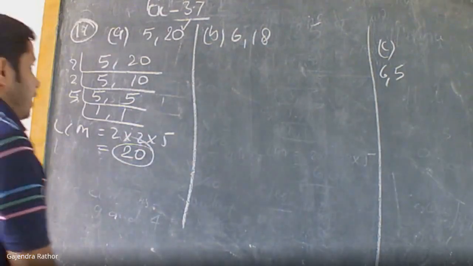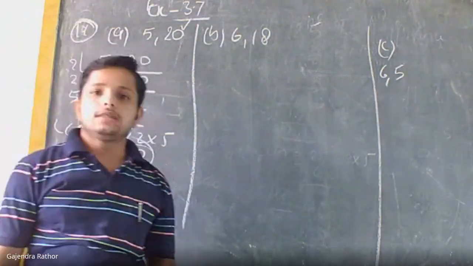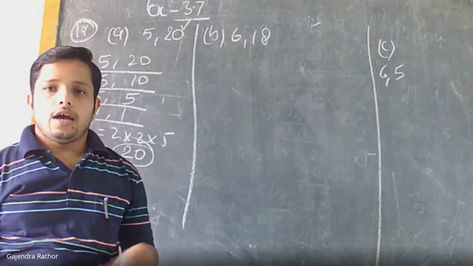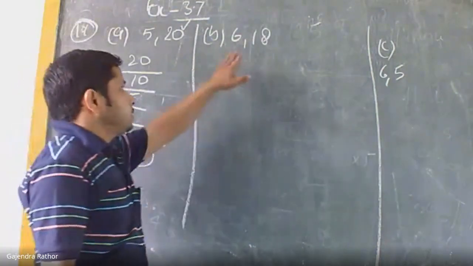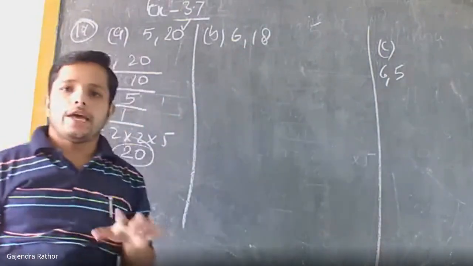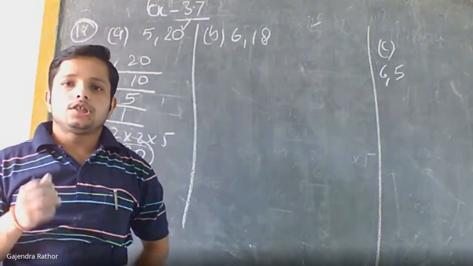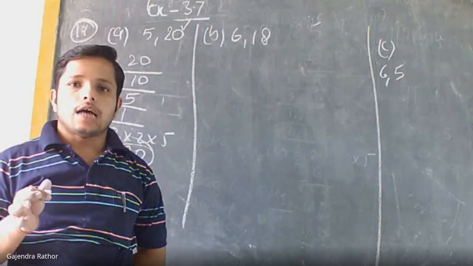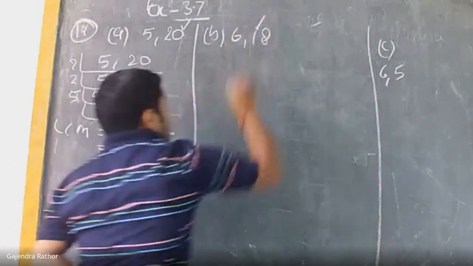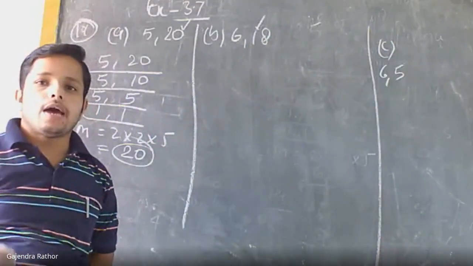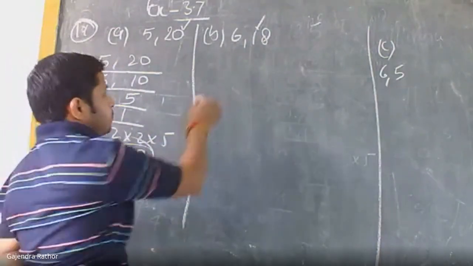Yes, 18. Correct answer. Why is 18 the LCM? We can find it within some seconds because 6 is a factor of 18. In such cases, the LCM will be the greater number. So LCM is 18.